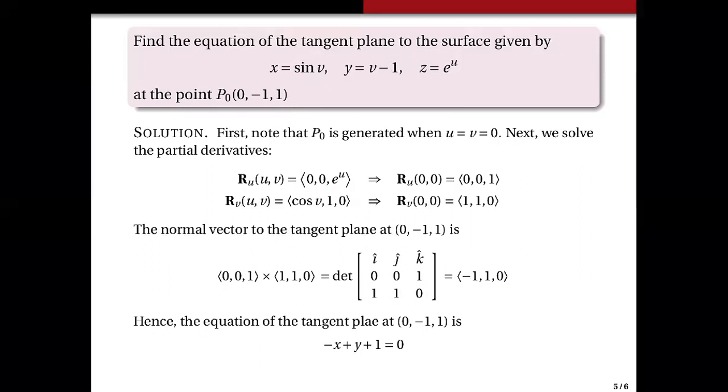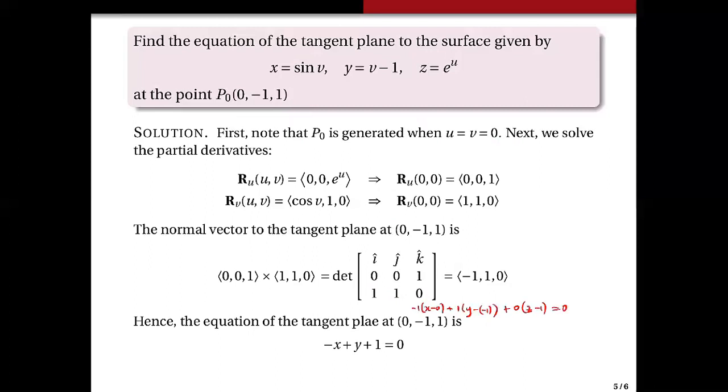So again, point normal form: negative 1 times x minus 0 plus 1 times y minus negative 1 plus 0 times z minus 1 equals 0.